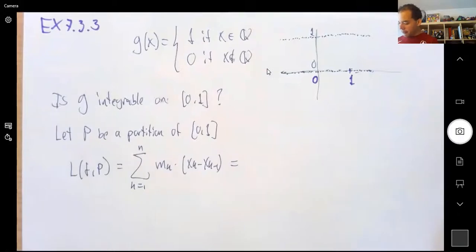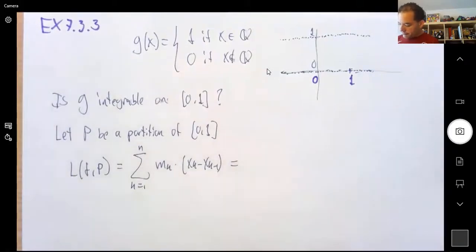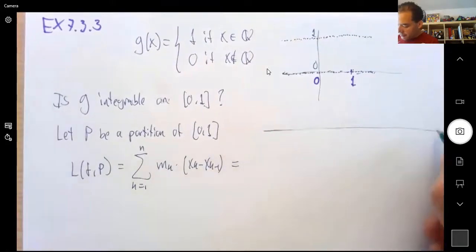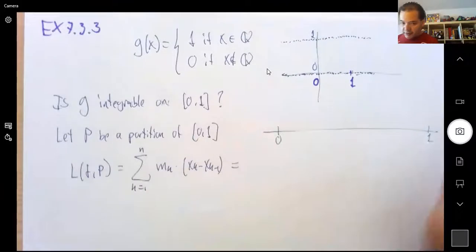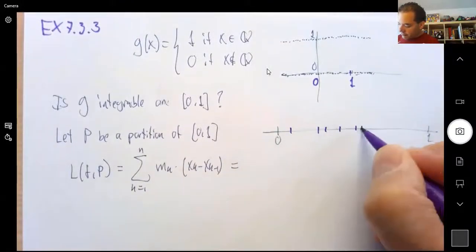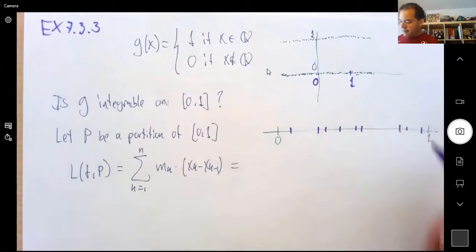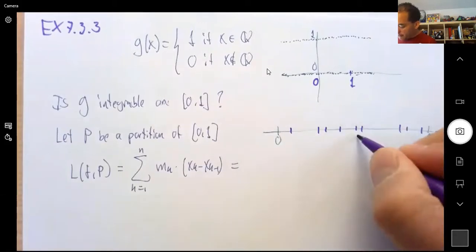Maybe make a little larger picture here. So there's 0, and there's 1, and we have some partition here. We don't exactly know how, but it doesn't matter. Pick one of these intervals from x_{k-1} to x_k. So let's say this one.